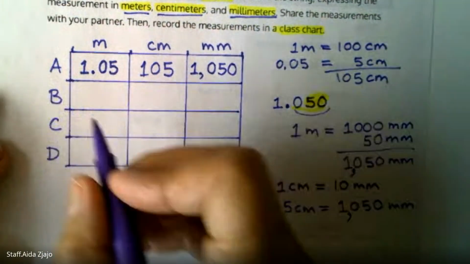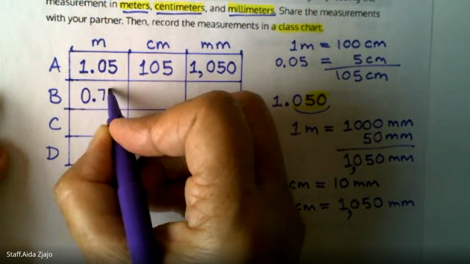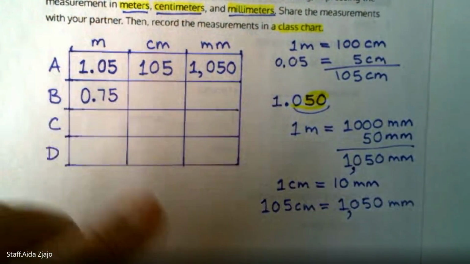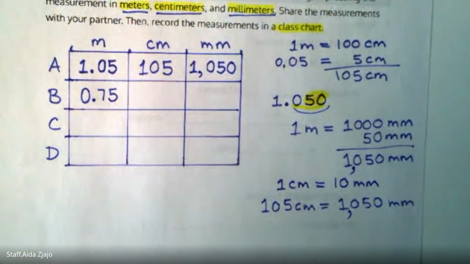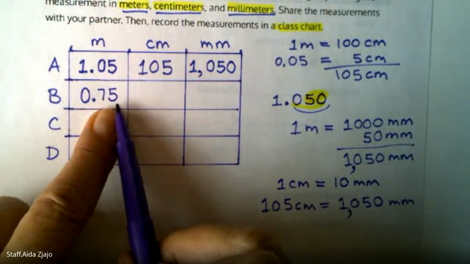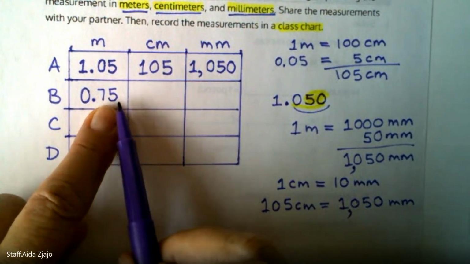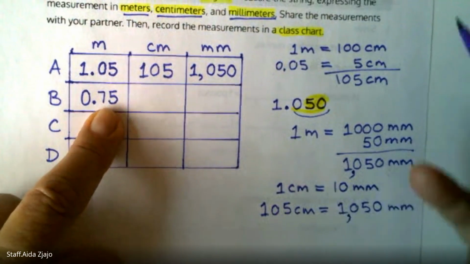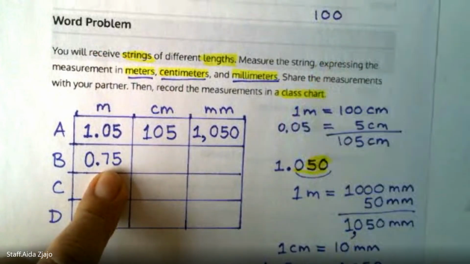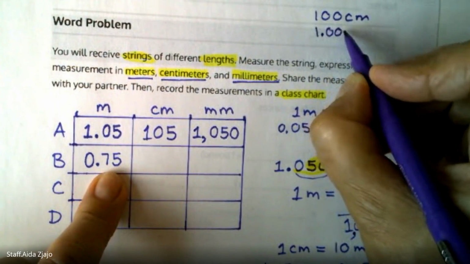If a string is like 0.75, what that tells you is that you don't have even 1 meter. You don't have a whole stick. You have only 75 centimeters, because the meter is 100 centimeters. If you are thinking about meter, you have 100 centimeters, so you have 1 meter.